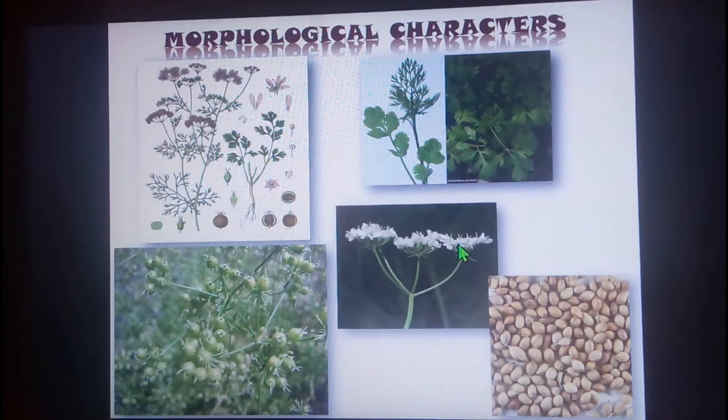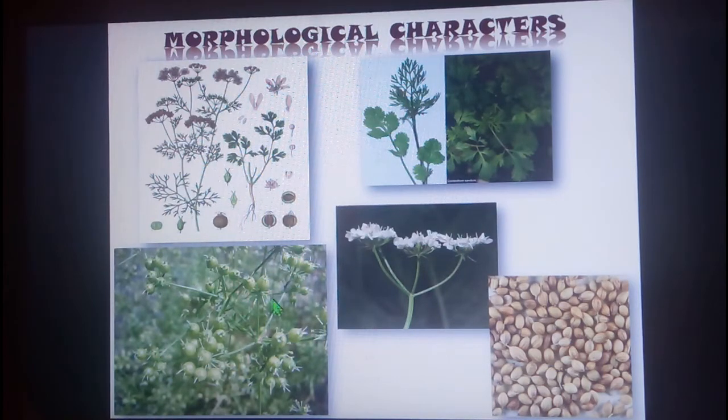So the flowers are usually white or pinkish and the carpels are 2 in number, whereas the fruits of coriander are small and oval. As you can see here, they are small and oval and have 2 seeds inside, and they have a distinct aroma.